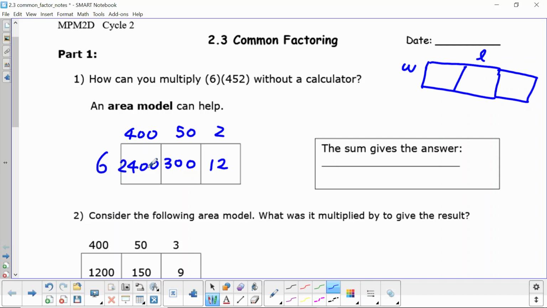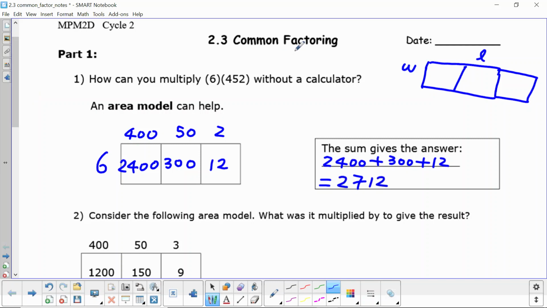So we add the 3 areas together. We call this the area model. Then we can find the multiplication, so we are going to have 2712. Using the area model, we can do the multiplication without a calculator.